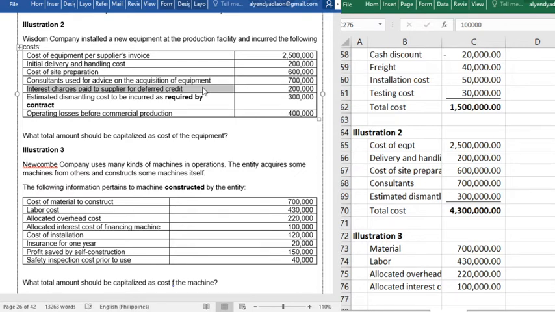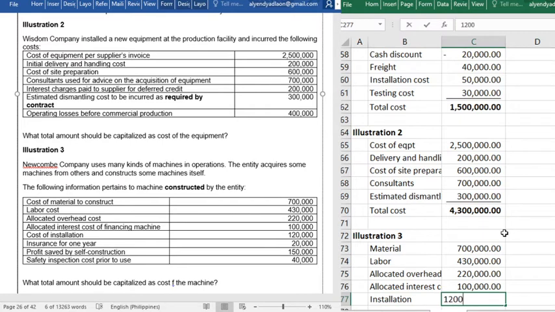While, unlike in illustration 3, we are still to construct the machine. It is not yet ready to use when acquired, and so therefore, it is necessary and we have to add the 100,000 pesos.